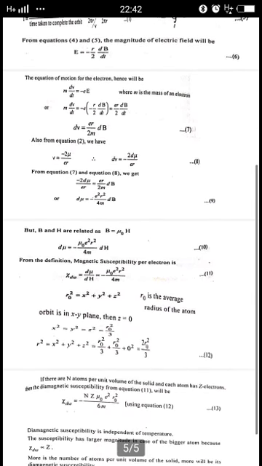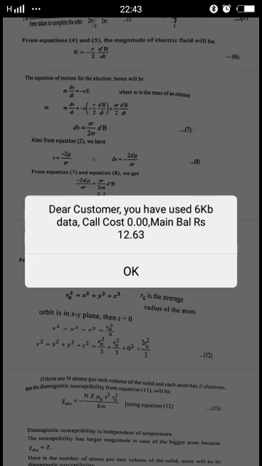Next, this electric field, given by equation 6, will exert a force on the electron. If the charge on an electron is e and the electric field intensity is capital E, then minus e into E is the force on the electron.